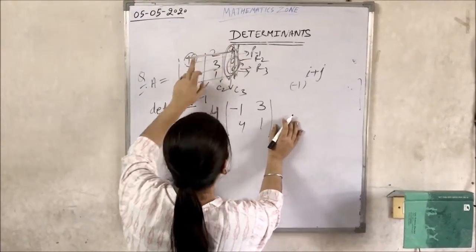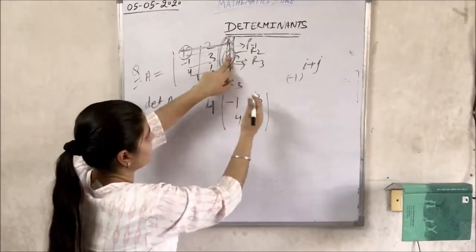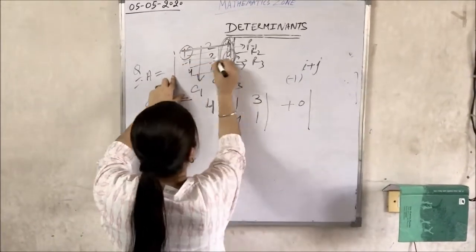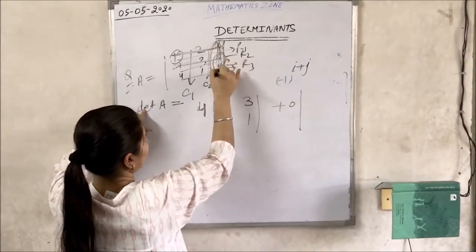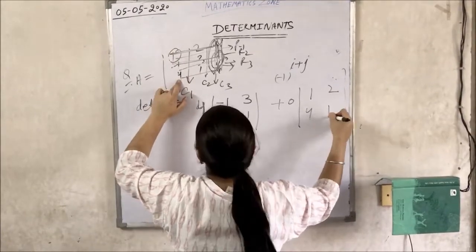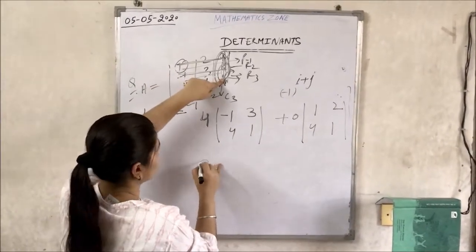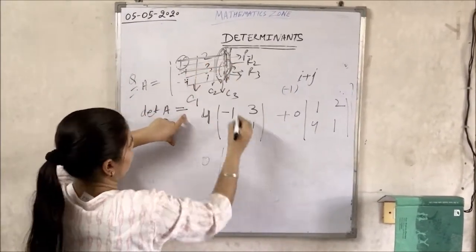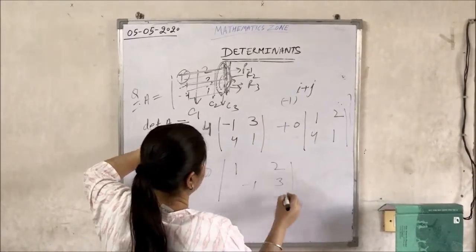So this is positive, again negative, again positive. So the second entry is positive. For 0, we leave the second row and third column, and the rest entries are 1, 2, 4 and 1. In a similar manner, the third one is 0. So leave the third column and third row, and the rest entries are 1, 2, minus 1 and 3.